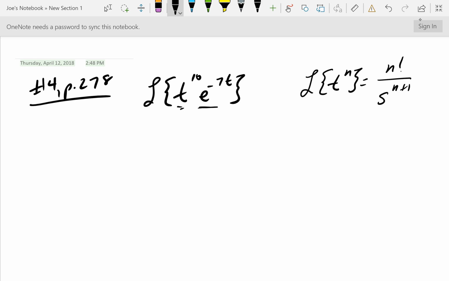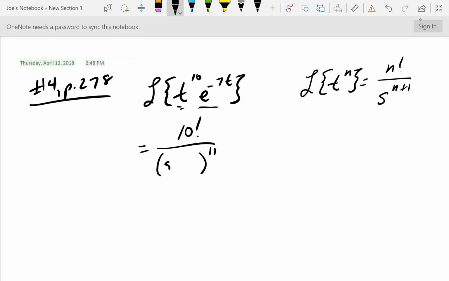We know that when we multiply a function times an e to the negative at, it shifts it by a. It translates it along the s-axis, if you will. So what we can do in this particular problem, since we've got e to the negative 7t, is the Laplace transform will be 10 factorial, because we're just going to plug it in for n, and we know we've got an 11th power because of the n plus 1.